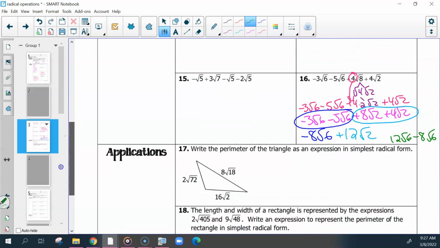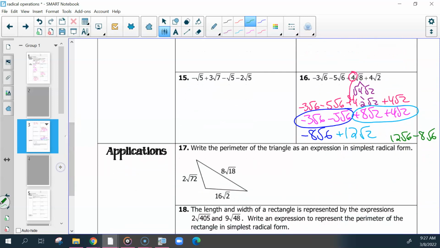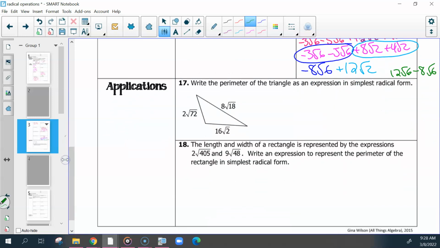Wait, for number 16, what happens to the 16 from the 4 and the 8? This is not like 4 and 2, and since there's a 4 out here, and 4 times 4, so 16. Hold on, because I think you're confusing yourself. Let's go through this and then I'll come help you with that.